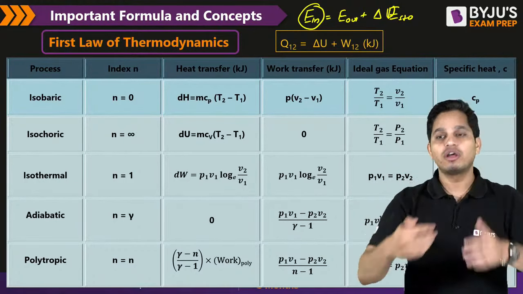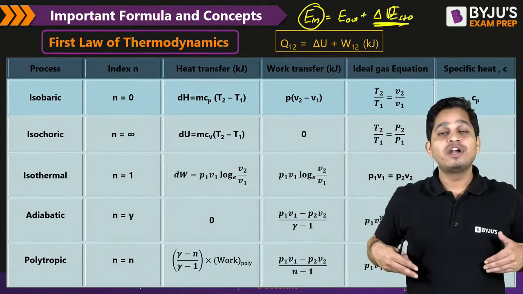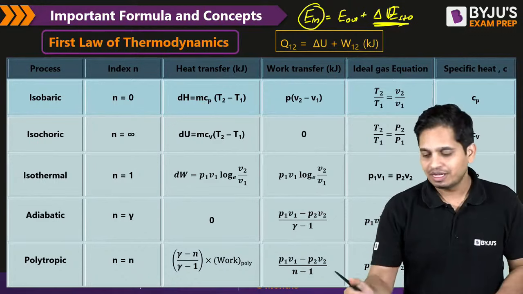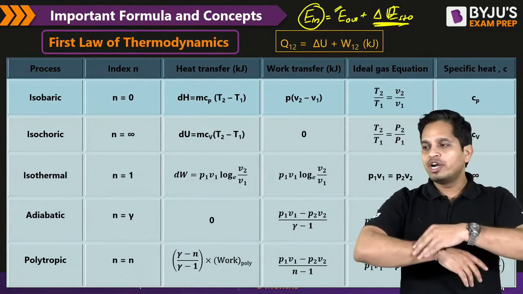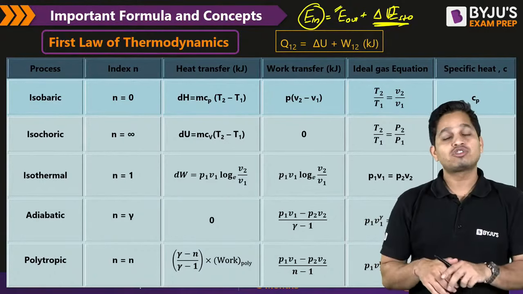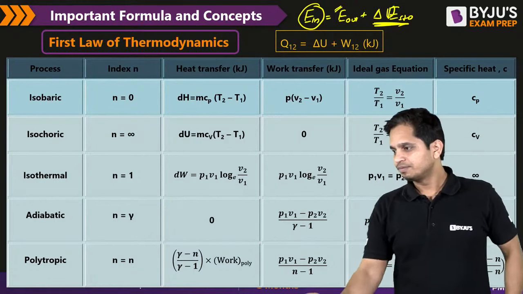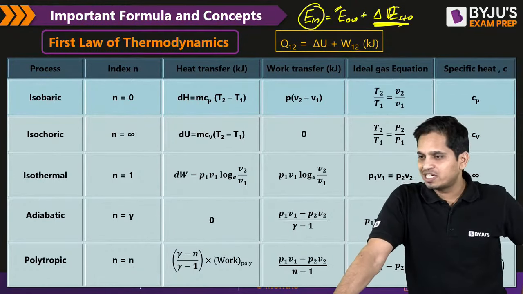Then it is stored in the form of internal energy. And then if I am doing some work, then some energy is going out. Even if I am not doing some work, heat is continuously going out. So some energy is anyway going out. No pressure change in the body. Yes, no pressure change in the body.